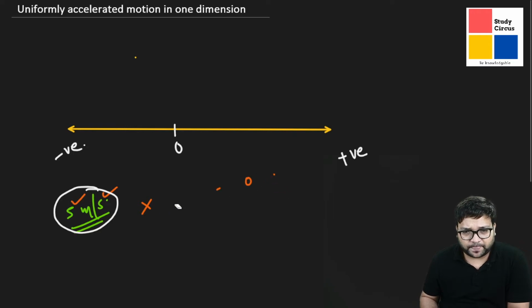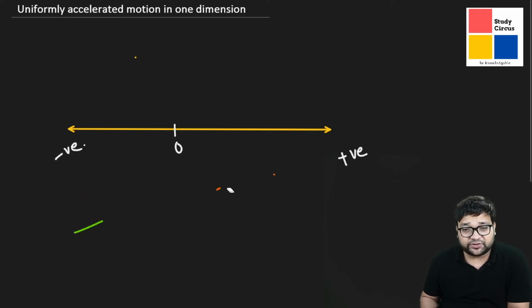Now if the speed is changing, and mind it, here we have taken the velocity to be in the positive direction. There is no movement along the negative direction. So speed is the same as velocity. So don't get confused. Now let's say the speed is increasing at a rate of 2 meter per second.